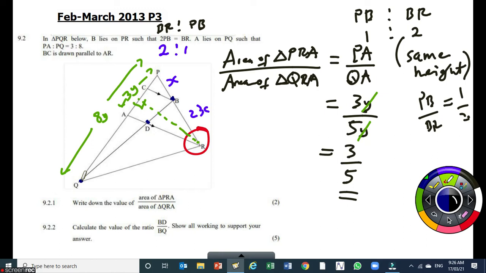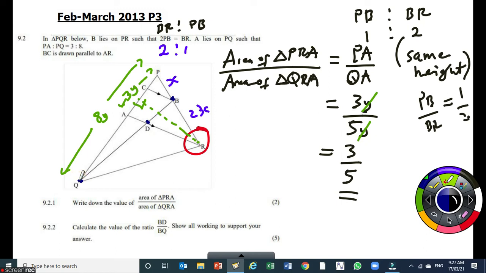If you look at the whole question, do we know the length? Okay. If you want to find the ratio here, you need to determine the length of BQ and what? BD.